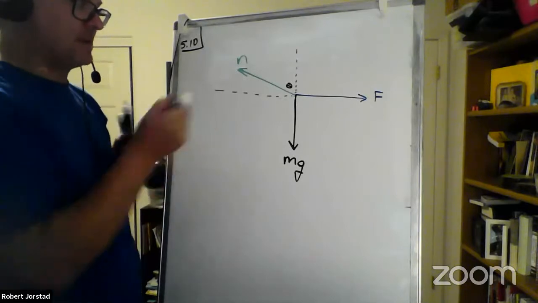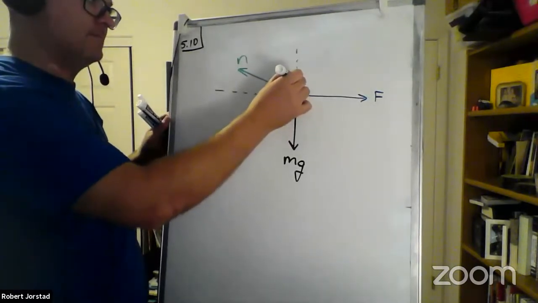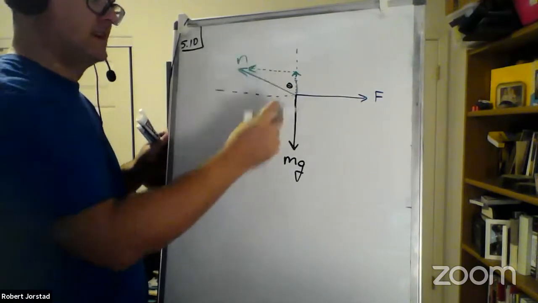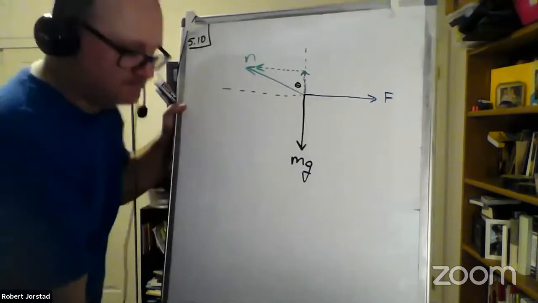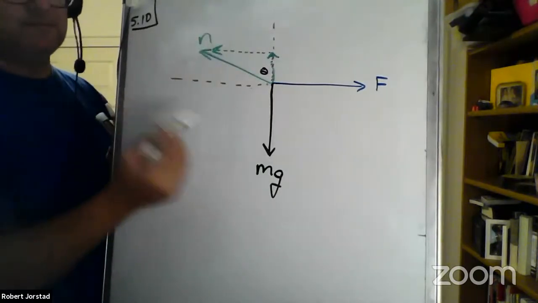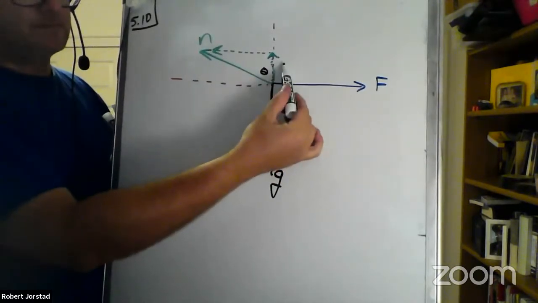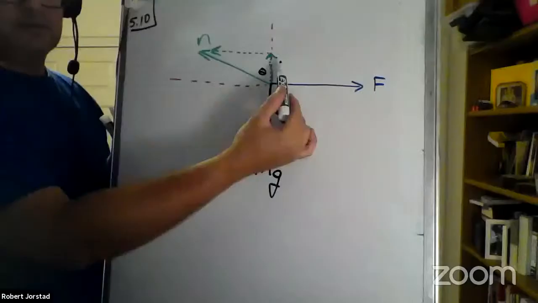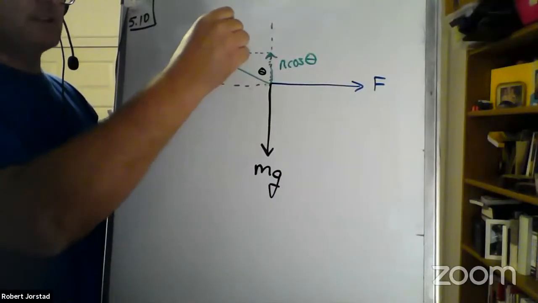All right, so I'm going to split this force up. If that's theta, this side is going to be what? N cosine or N sine? Cosine. Notice there's no point in trying to remember that x gets the cosine, because it's only true about half the time.